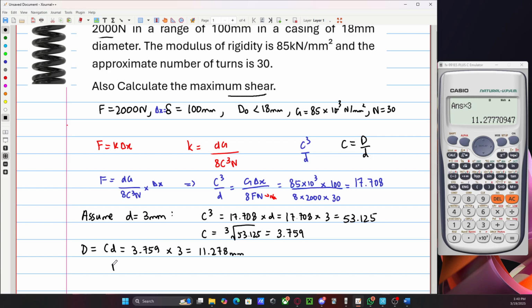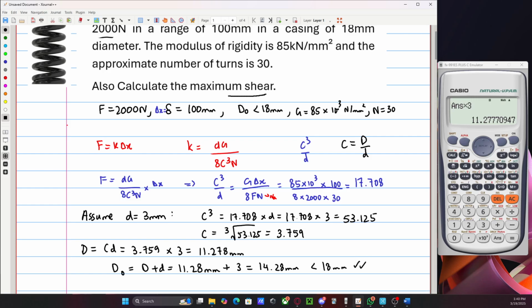Now we need to work out our D outer, which is equal to capital D plus small d. That will be 11.28 millimeters plus our 3 millimeters, which will give us 14.28 millimeters, which is less than 18 millimeters.